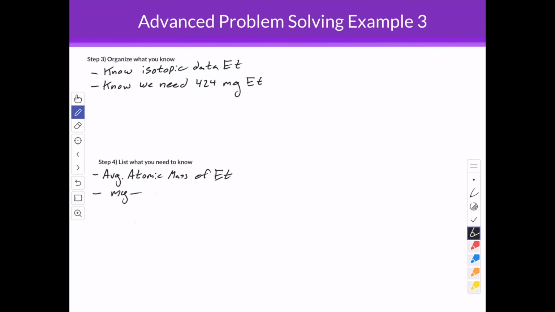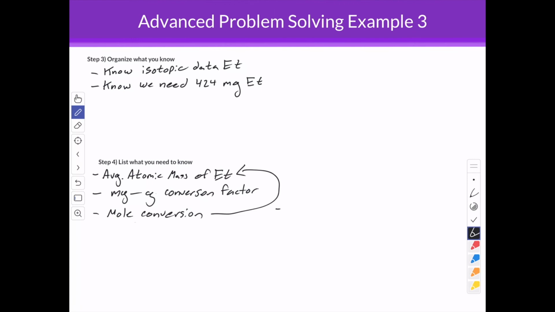Milligram to gram conversion factor. For that, we need to know our mole conversion factors, which, of course, one of them is this.